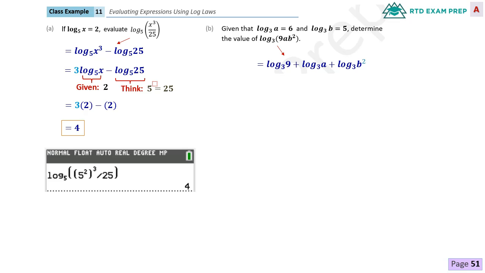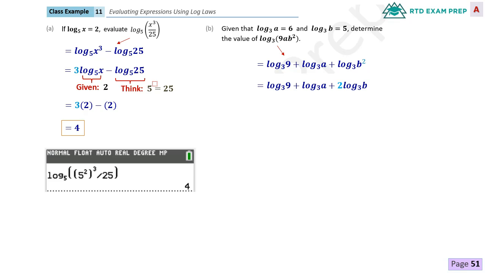In our second problem, we have log base 3 of 9 times ab squared, in a situation where we're told that log base 3 of a is equal to 6 and log base 3 of b is equal to 5. So we can split this into 3 separate logarithmic terms and then try to make replacements in each one.